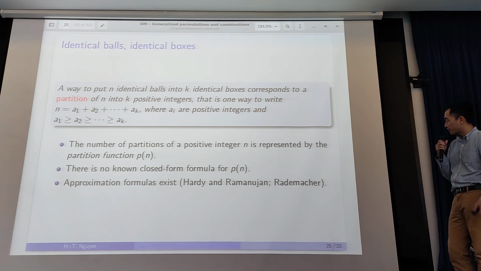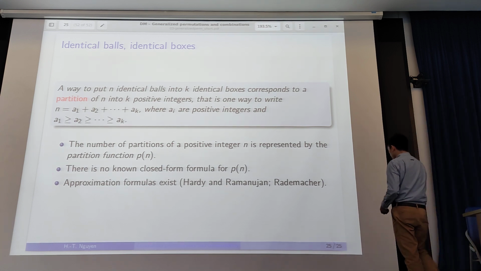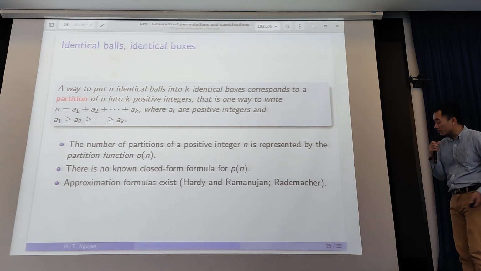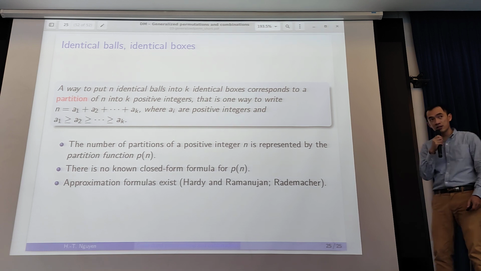I don't remember if I told you, but if you read or watch movies or documentaries about Ramanujan, he is a very interesting person.